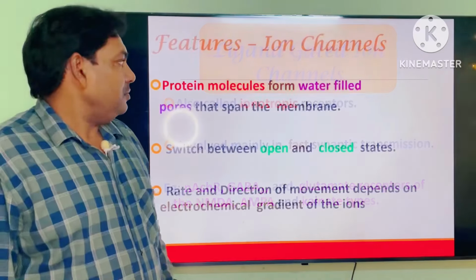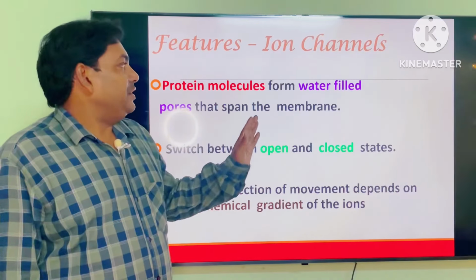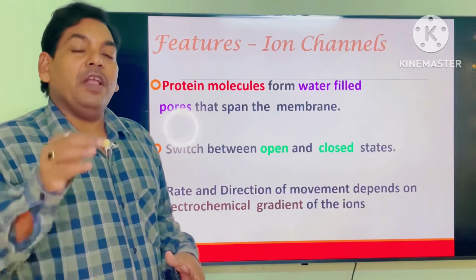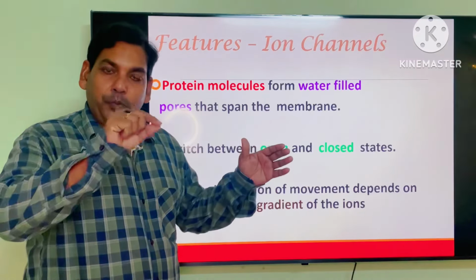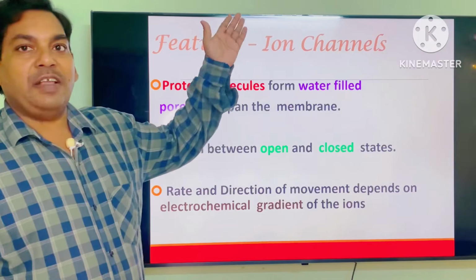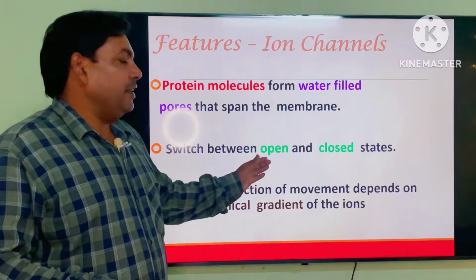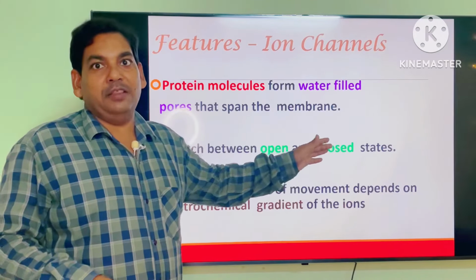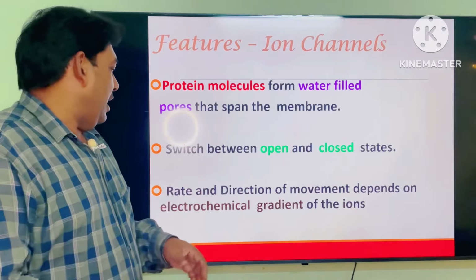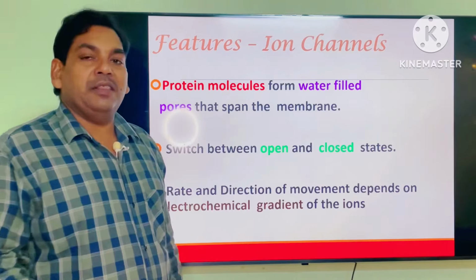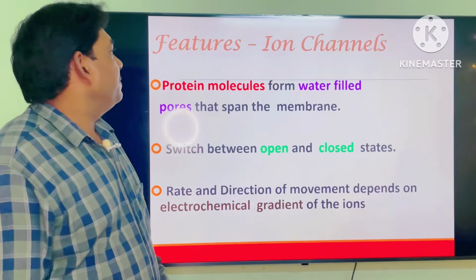Next, their features: the pore through which ions pass from external to internal is filled with water, and it may be closed or open on the basis of ligand binding. The movement of ions depends upon ligand binding.